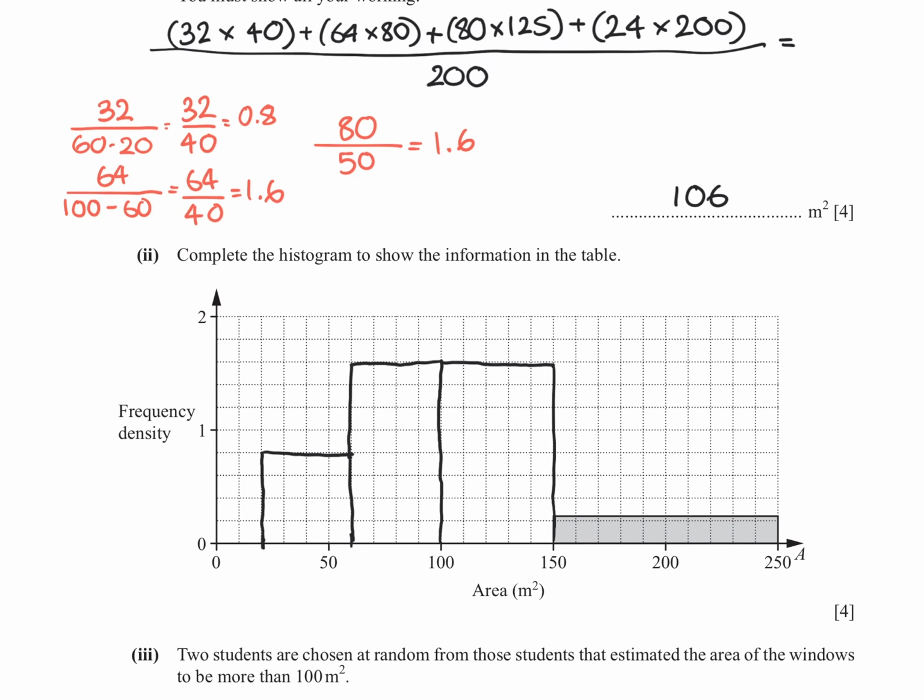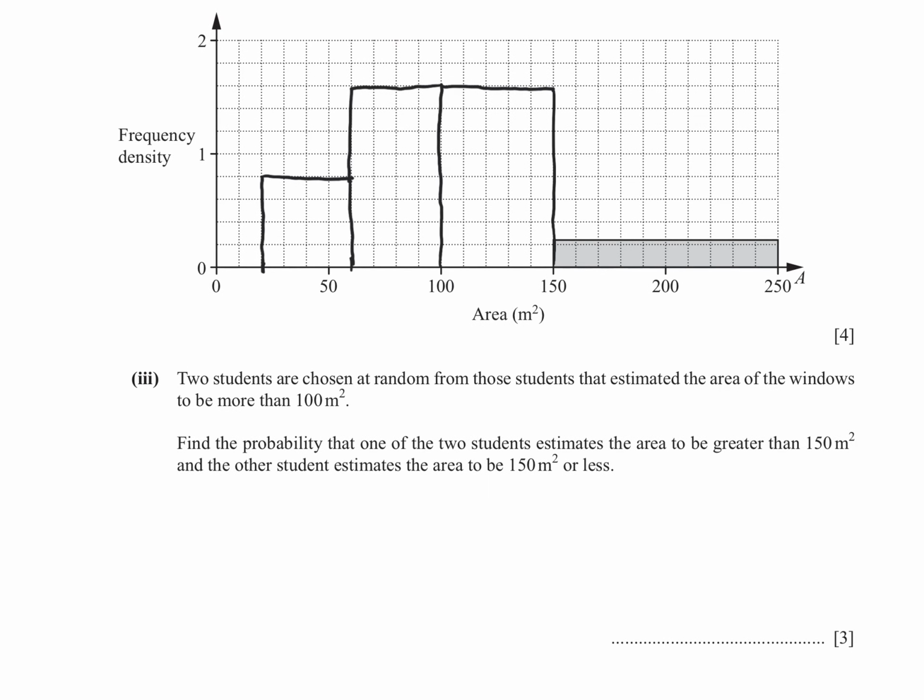So for this to happen, the first student chosen must be greater than 150, and then the second student chosen must estimate it to be less than 150. And then the second scenario would be the first student estimates it to be less than 150, and then the second student estimates it to be greater than 150.